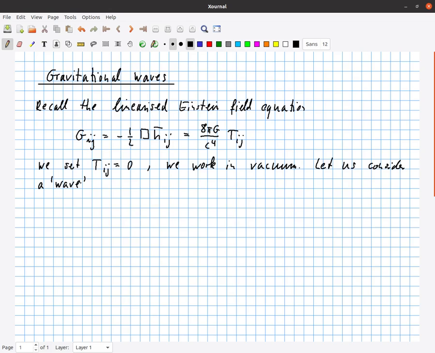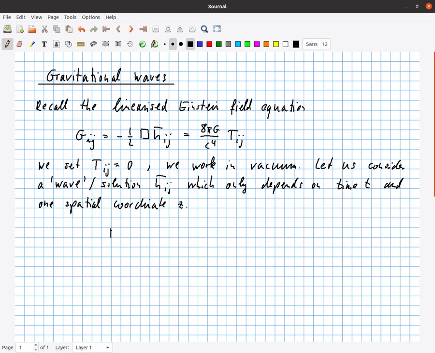We don't know whether it's a wave yet, but let us consider a wave-like solution, h bar ij, which only depends on time t and one of the spatial coordinates. And that spatial coordinate we choose to be the z direction.